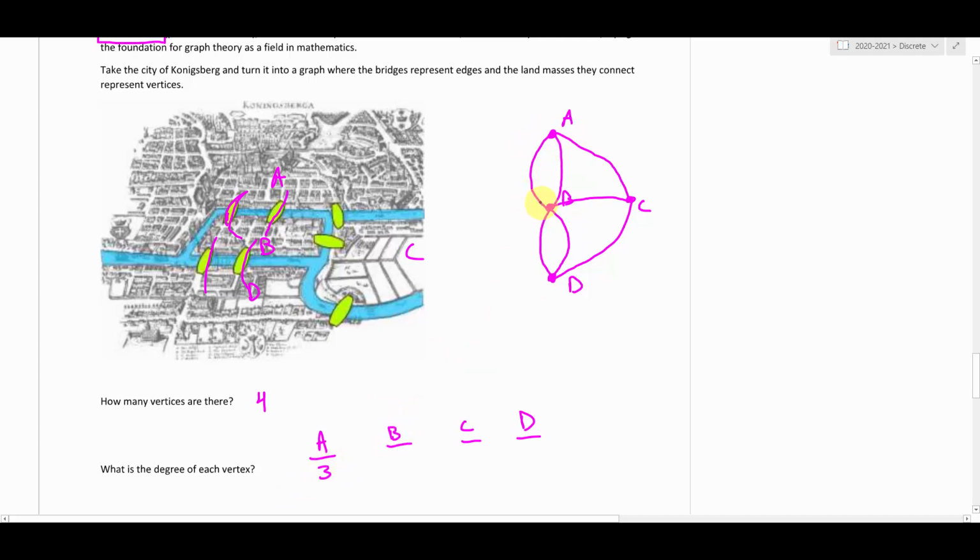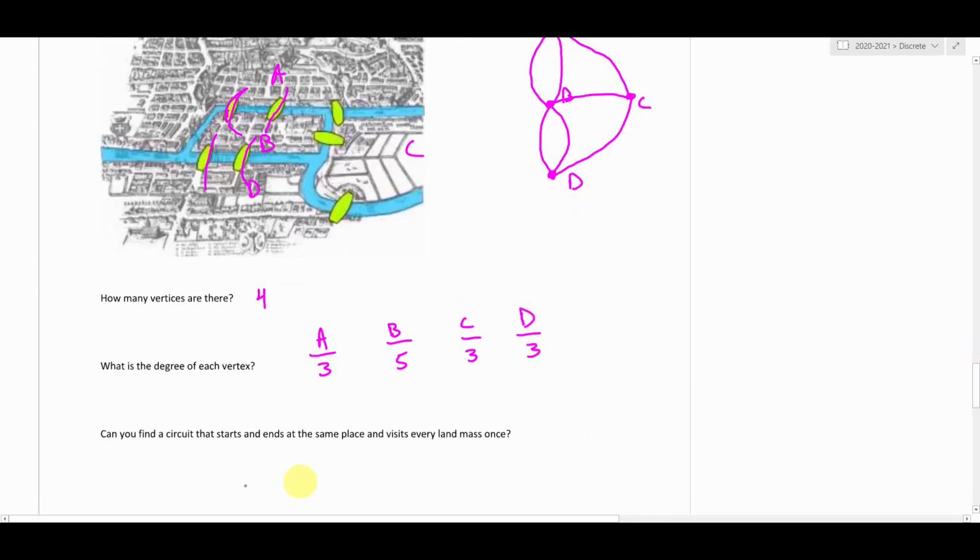If I look at vertex B, I got 1, 2, 3, 4, 5 edges coming into vertex B, so it's got a degree of 5. C has 1, 2, 3, so it's got a degree of 3. And D, 1, 2, 3, also has a degree of 3.